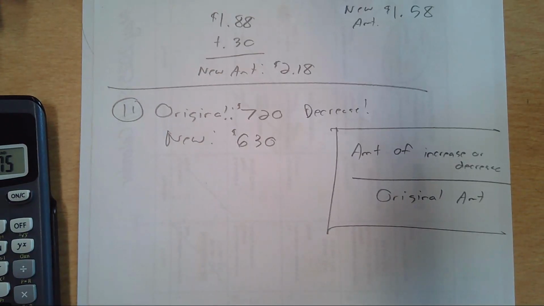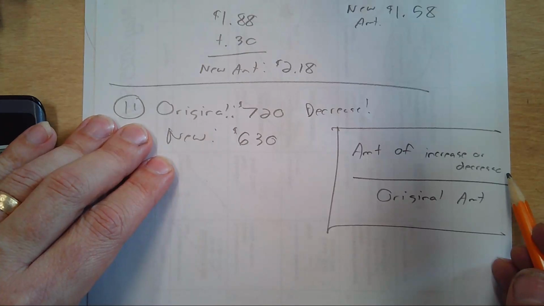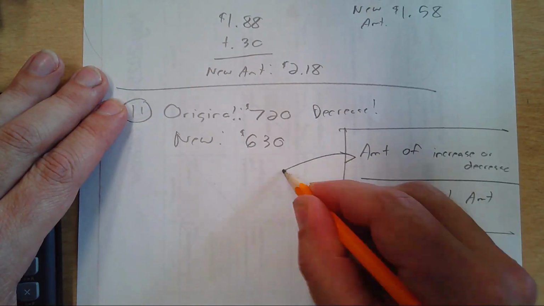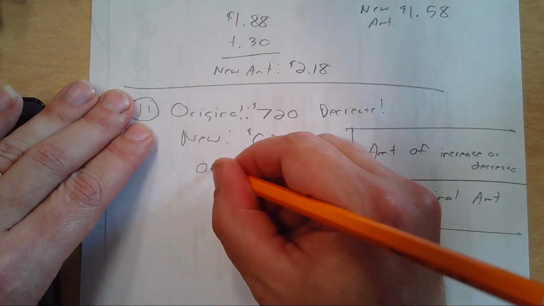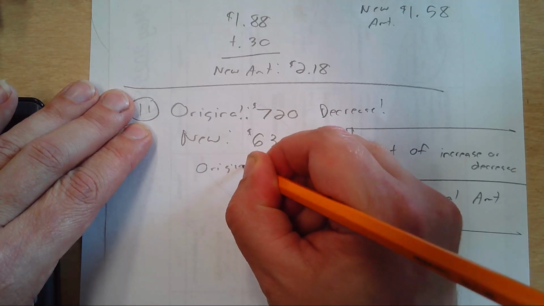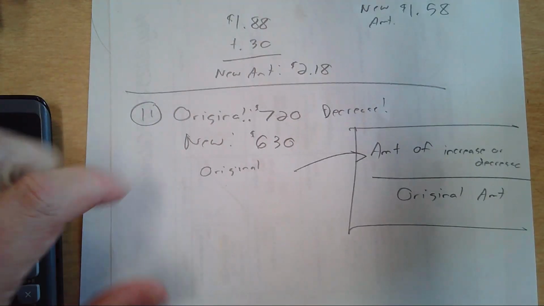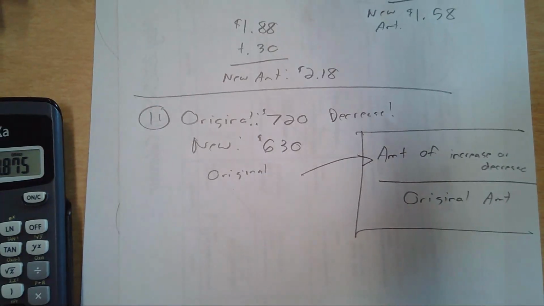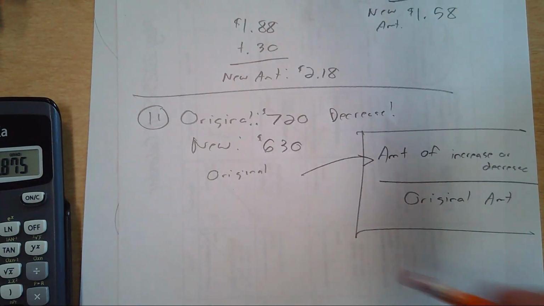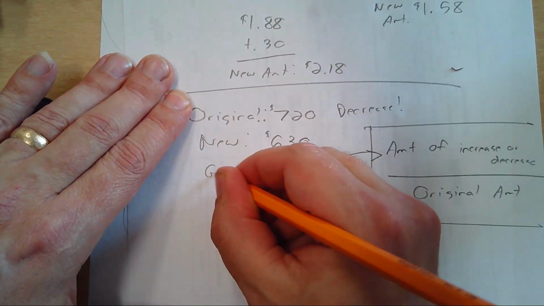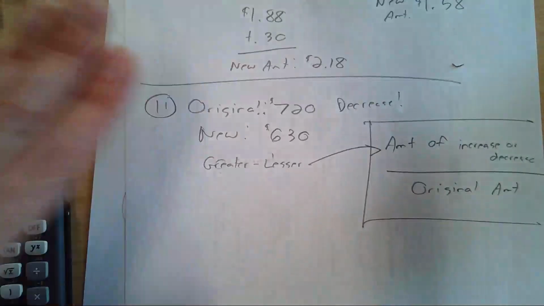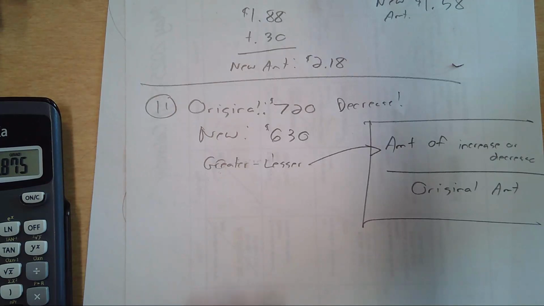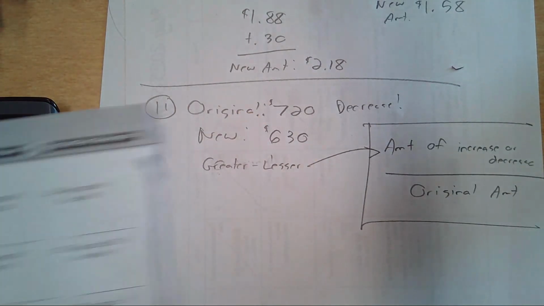So for this one, to find the amount of increase or decrease, I take the greater value, subtract the lesser value. You don't want negative numbers.